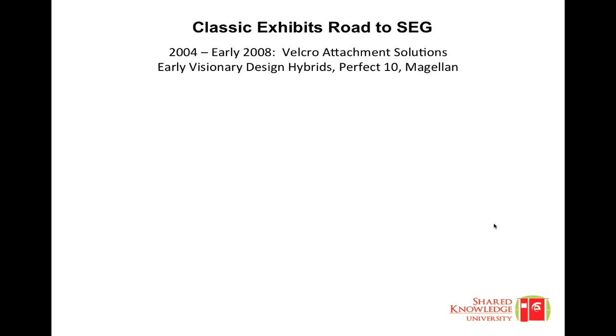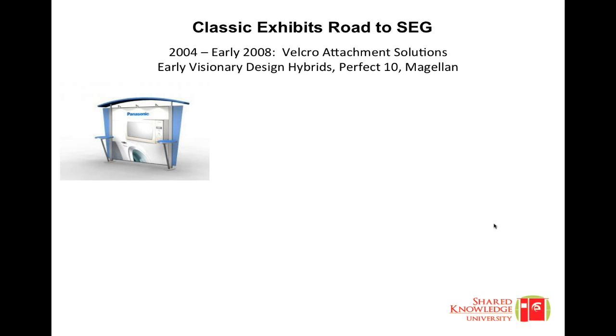So why SEG? Classic has a significant road to SEG, actually. Prior to 2004, and really in early 2004, all the way to 2008, we primarily relied on Velcro attached solutions.